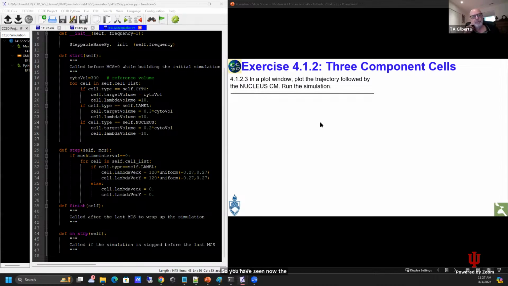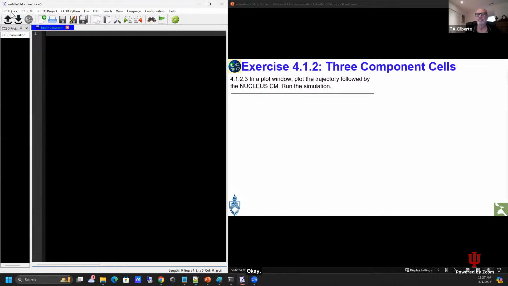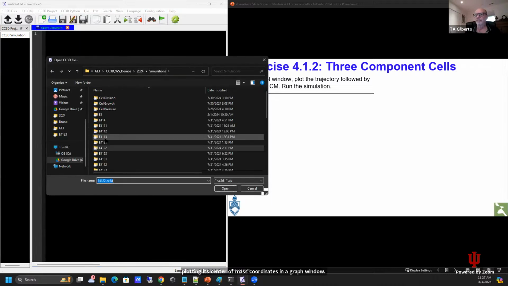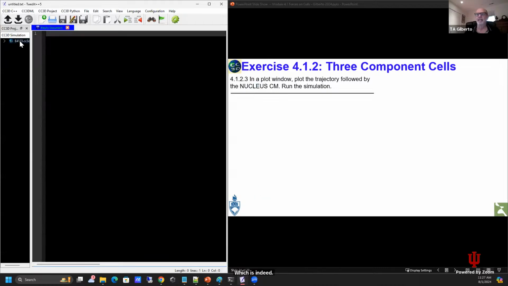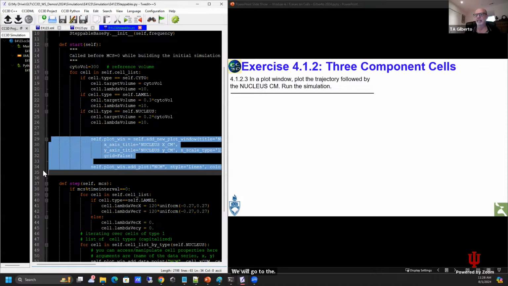Now we want to see the trajectory of the nucleus. The trajectory of the nucleus can be seen by plotting its center of mass coordinates in a graphical window. So again, we go to the start function.